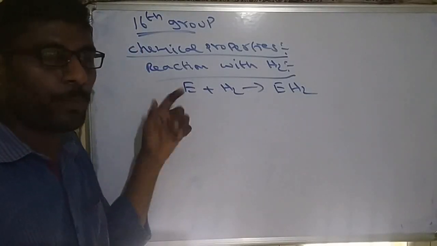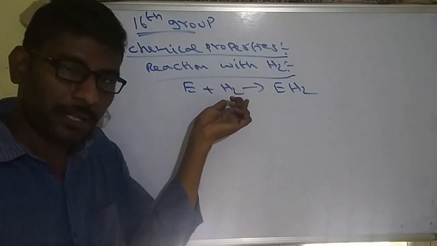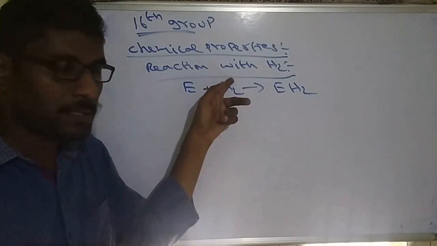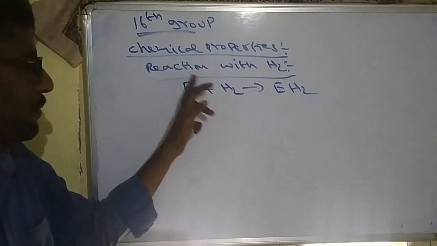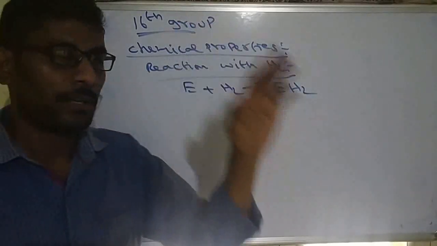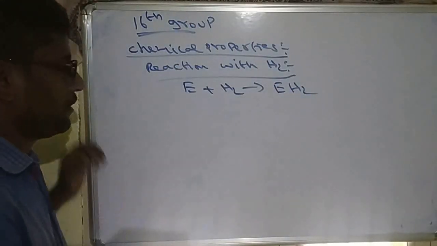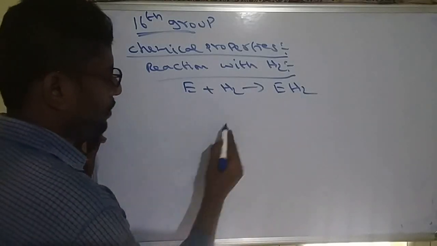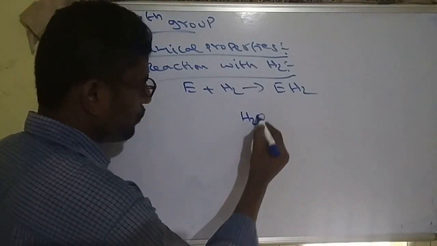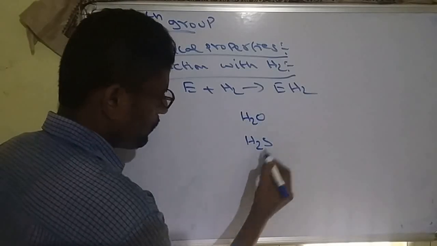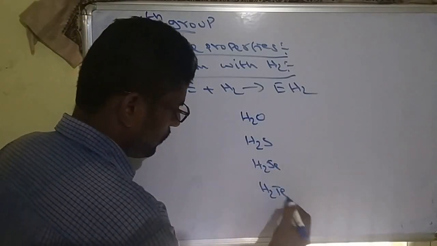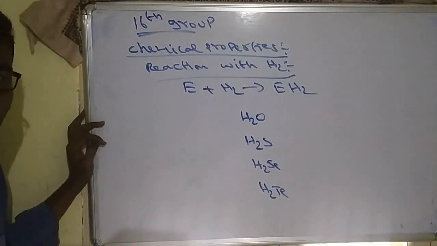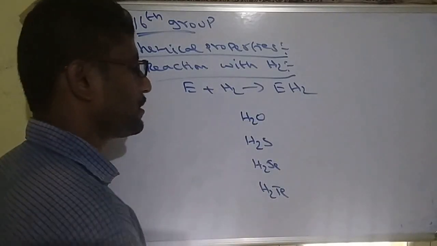The 16th group is more electronegative, hydrogen is less electronegative. The charge on E will be negative, that is -2. The -2 will come this side, and 1 will come here. EH2 is the formula. So oxygen forms H2O, sulfur H2S, H2Se, H2Te. So these are the hydrides of 16th group elements.